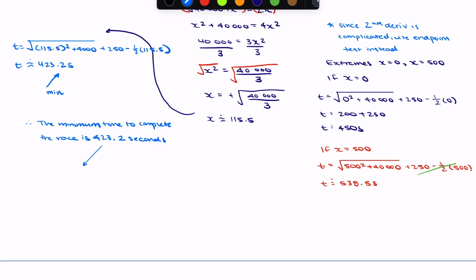Again, if we take 423 and divide that by 60, that will be equal to 7.05. And so here, that represents 7 minutes, and then the 0.05, multiply that by 60, which will give us 3 seconds. And so here, that would be 7 minutes and 3.2 seconds.